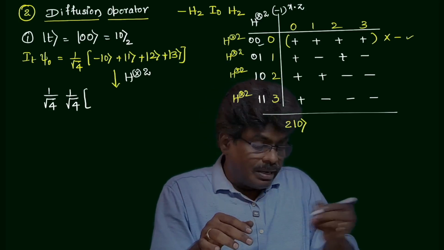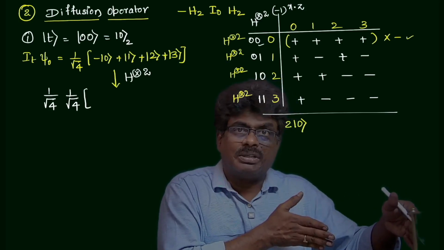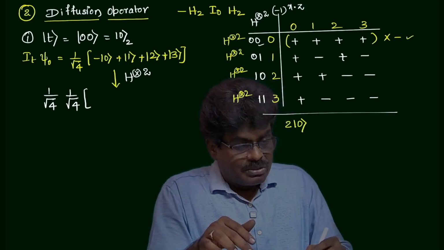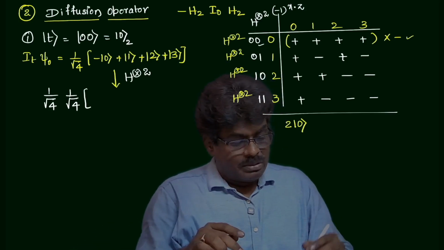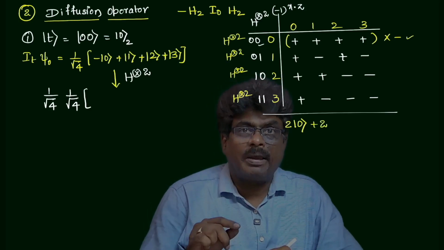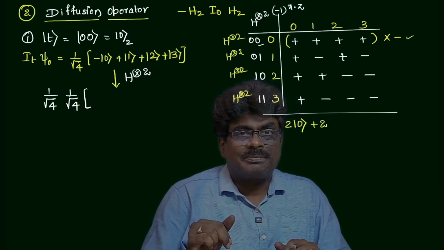And the rest of the things here are 2 only, for any number of qubits. So here it is plus 2 into, all other remaining states are having 2 only.